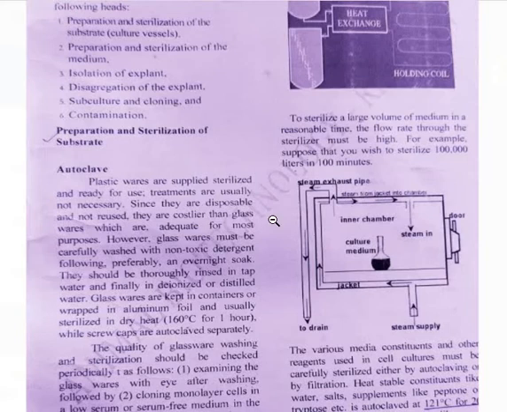The outer part has to be removed, that is sterilized. For the sterilization process only, you remove the outer part, taking the inner part. The cells have to be trypsinized or mechanically disrupted. You can go for separation. Then you prepare, separate it, and go for subculture and cloning, and without contamination you can get the product.